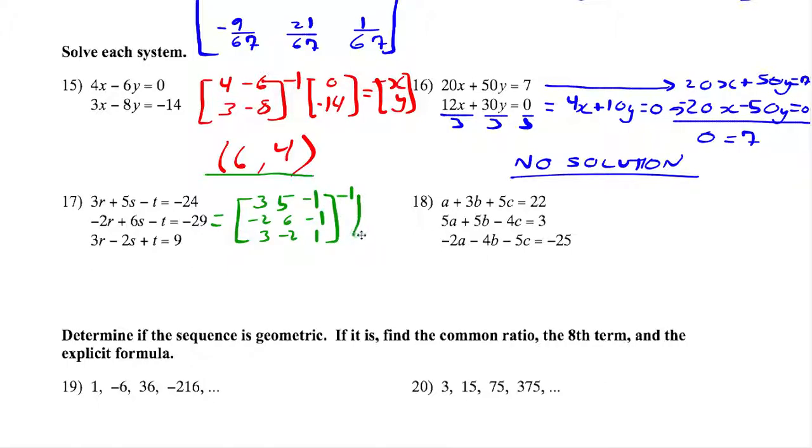The inverse of that times -24, -29, and 9. And that's going to be equal to, well, in this case, STR.